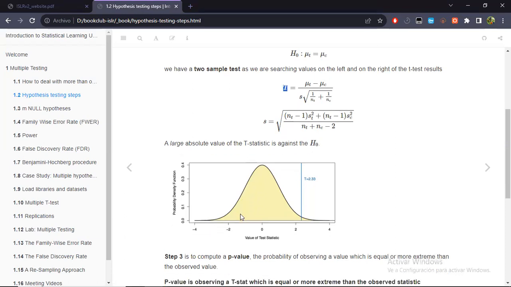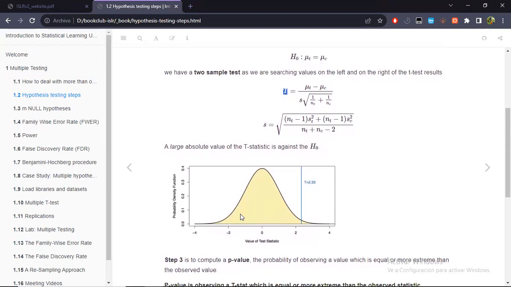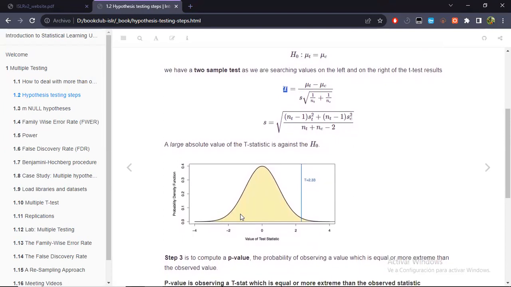However, in this case, we know what the null distribution is. It is simply a normal one. But sometimes it may be the case that we do not know what the distribution is. And also it can be the case that the number of observations is not big enough. So for either of those two scenarios, there is going to be an approximation of the null distribution, that is, of the distribution of this under this assumption.